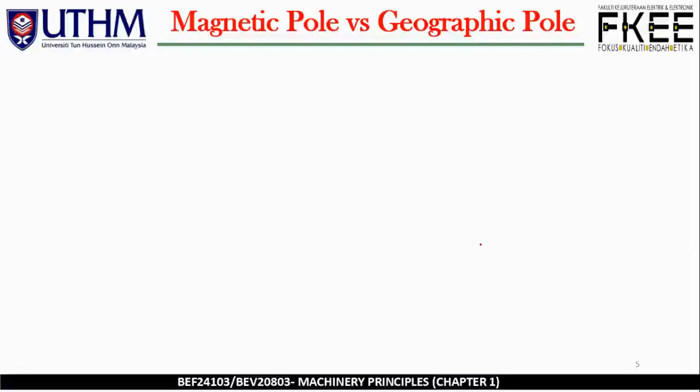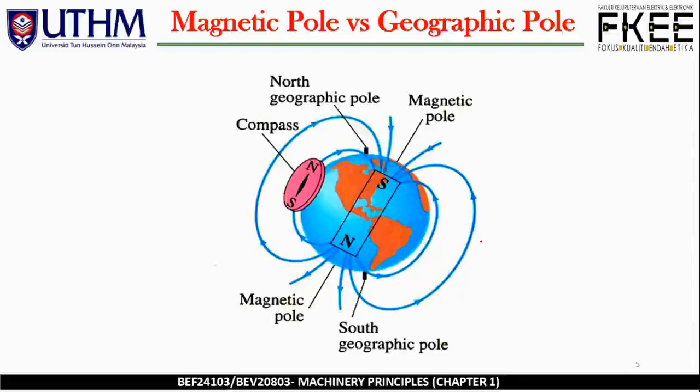So magnetic poles versus geographic poles. This is the Earth's. This is the compass. So this is the North Pole and this is the South Pole geographically.